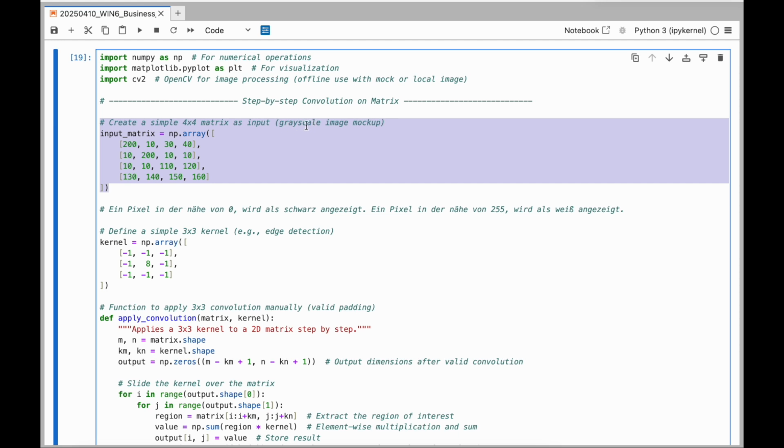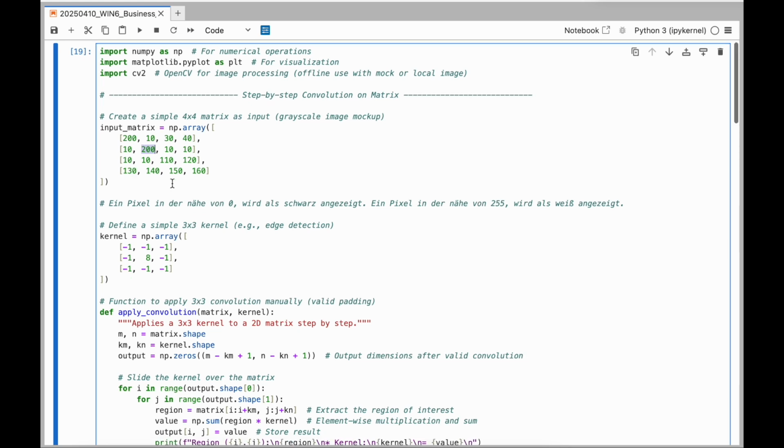This is a grayscale image. If the pixels are close to 0, then they are black or blackish. If they are close to 256, they are whitish or white, more clear.